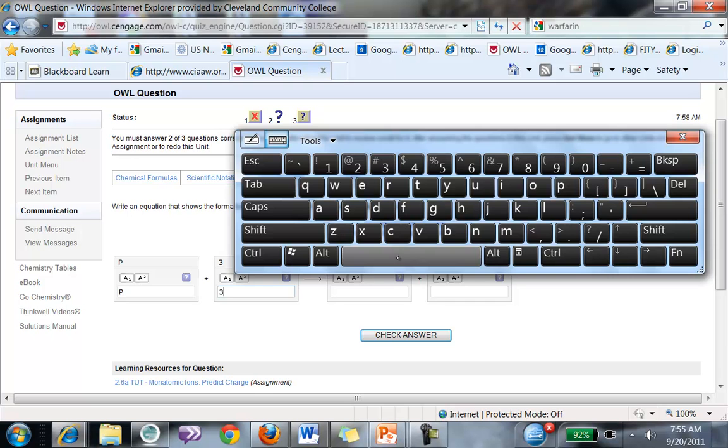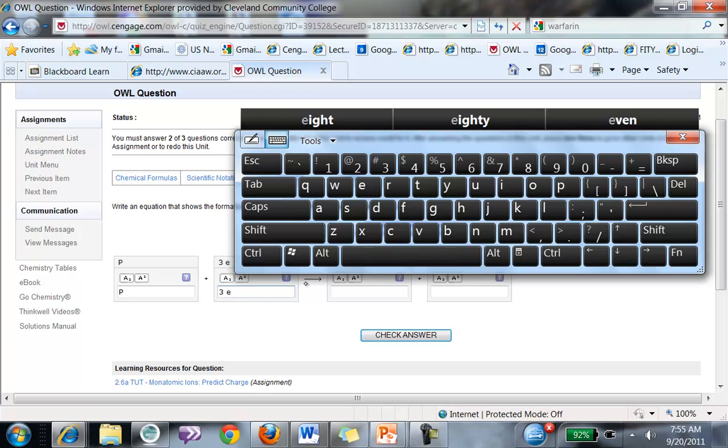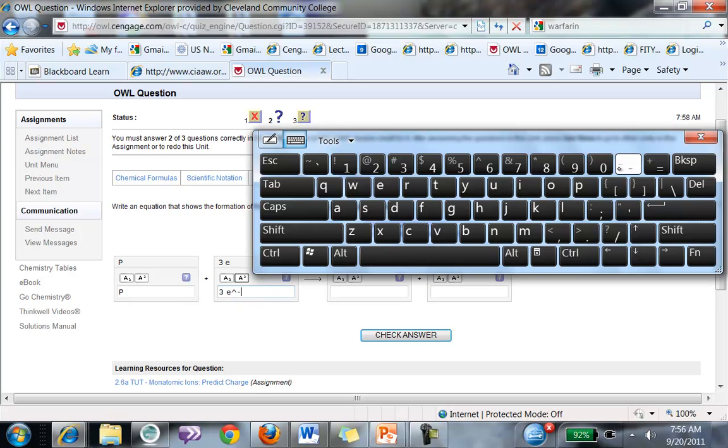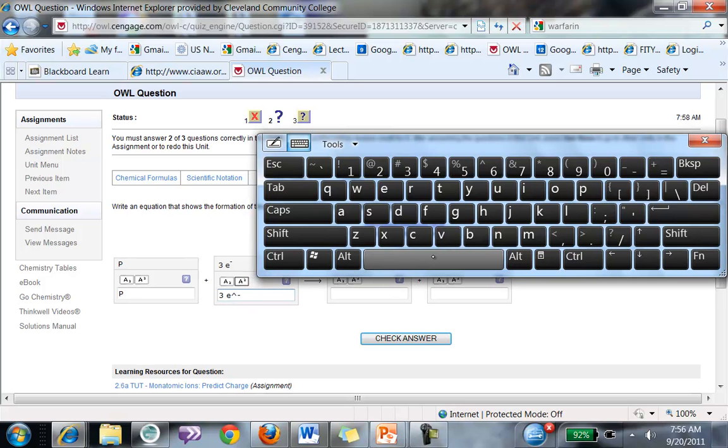So I'm going to put 3, a space, a little e for the electrons, and do a superscript to tell them that those electrons are negative.